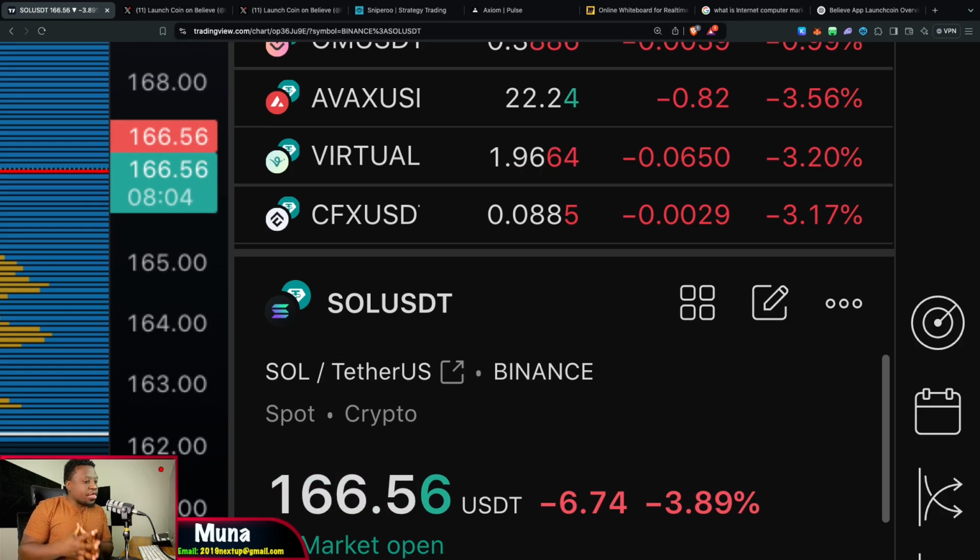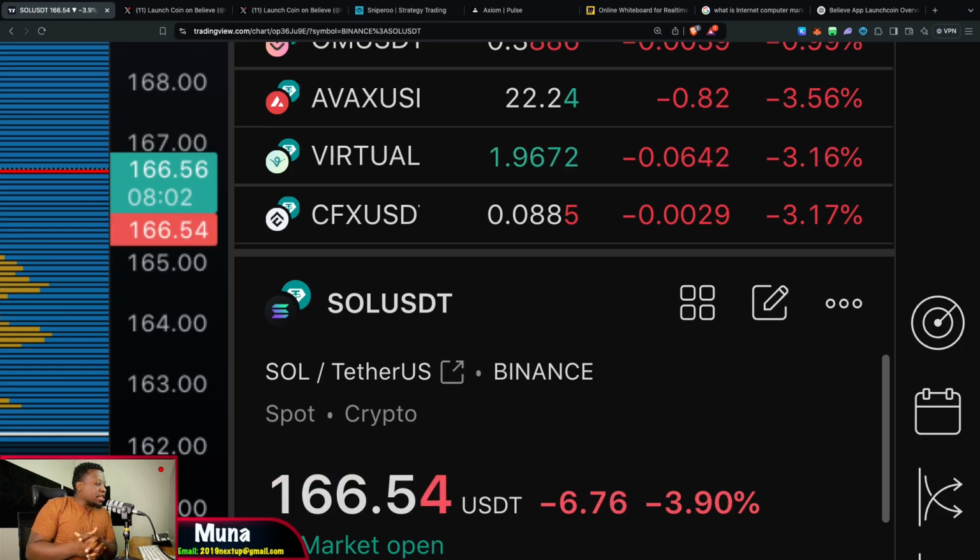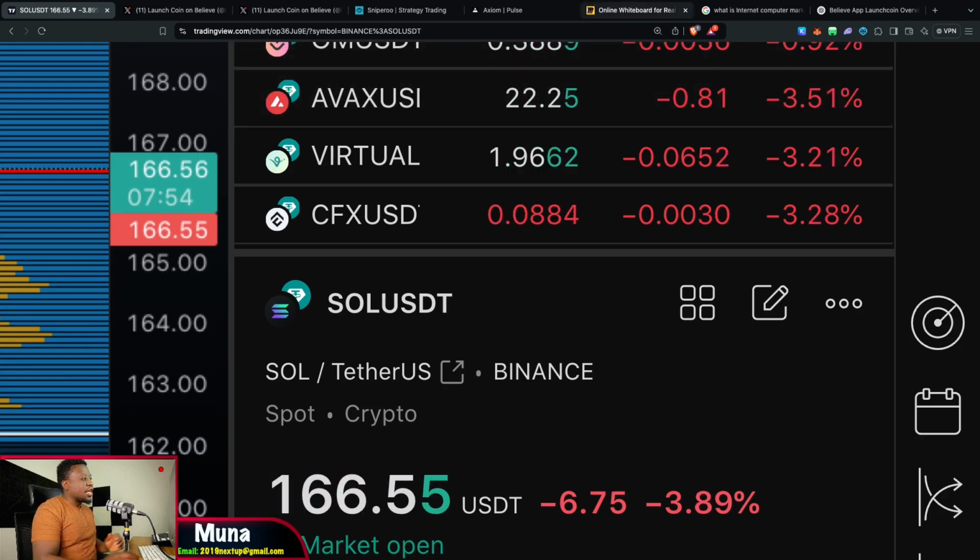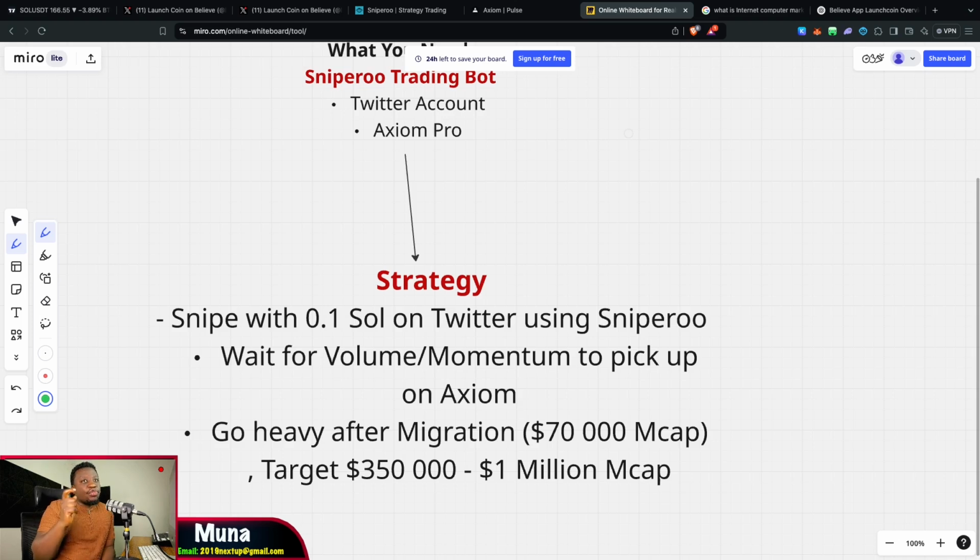So with this strategy, you can basically turn $166 into 1,660. The reason why this is very efficient is we are front running a lot of people, and we are using precision.